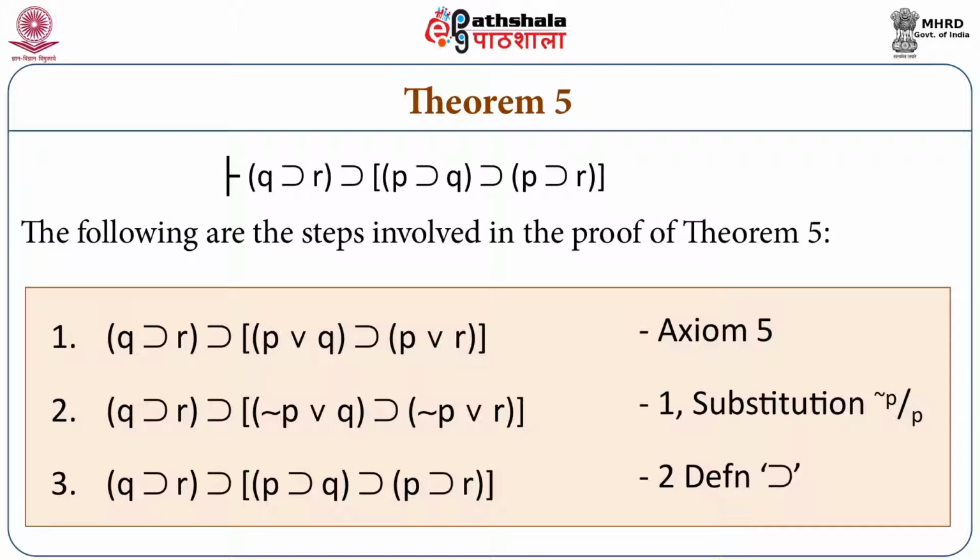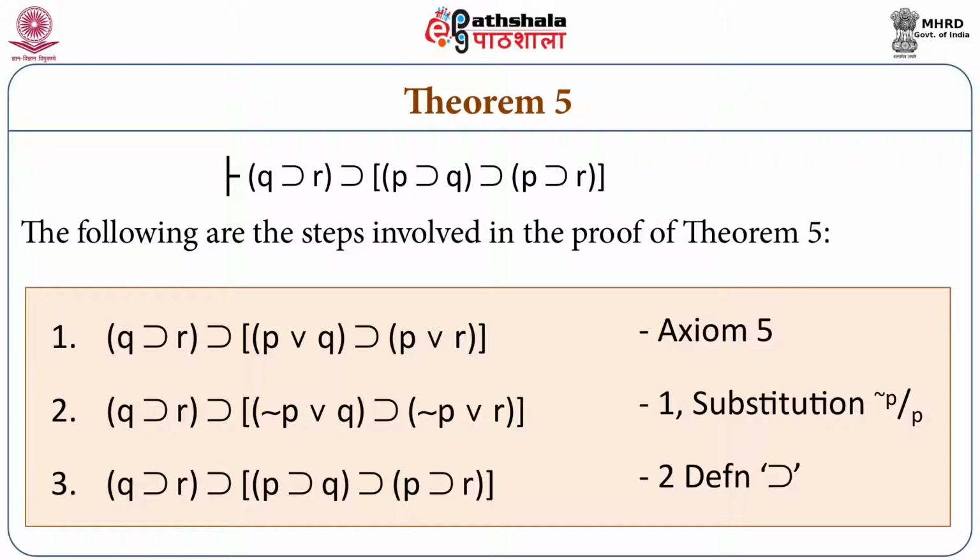Theorem number 5. If Q implies R, then if P implies Q, then P implies R. Normally this is the basis from where we get this rule of hypothetical syllogism.